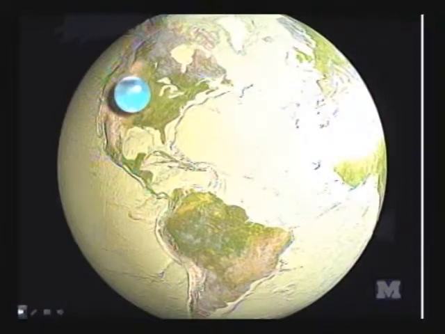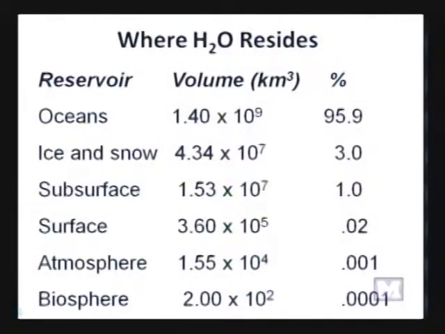Now, where does the water reside on Earth? The places where water is present we call reservoirs, and all of the principal reservoirs are shown here. It of course resides in the oceans. It resides in ice and snow, which I'm going to talk about more. It lies below the surface of the continents.